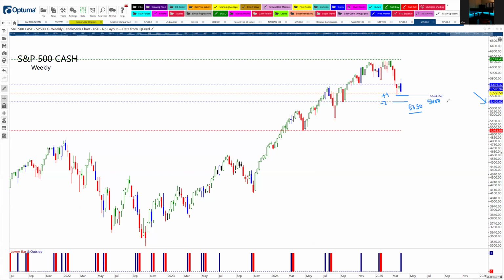That's 100 points. From 100 points down to 150, that's 50 points. So your butterfly will have a tilt like this.